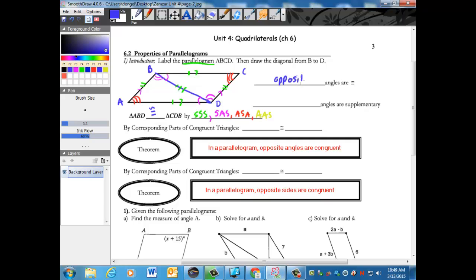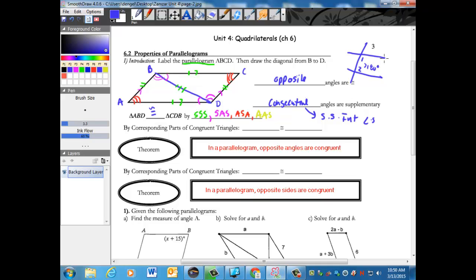Up the top we have opposite angles are congruent. Let's spell it out. And we know that consecutive angles are supplementary. With consecutive angles, let's keep in mind that these are same side interior angles. This goes all the way back to Unit 2, where if we have two lines that are parallel cut by one transversal, angle 1 and angle 2 have to add up to 180 degrees.